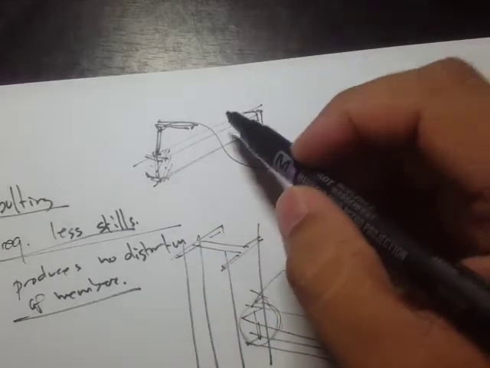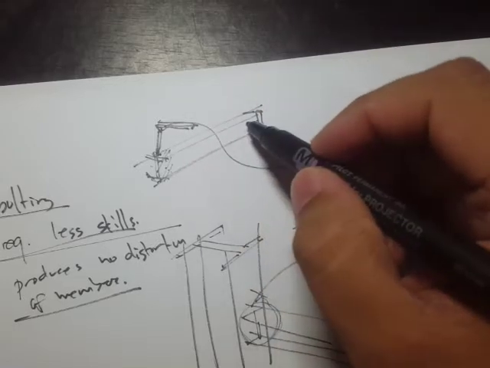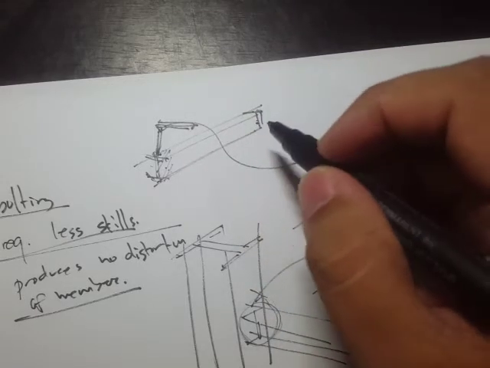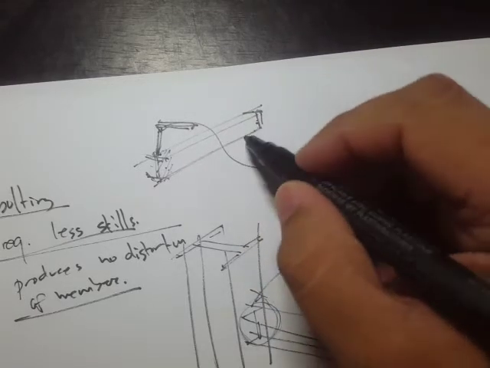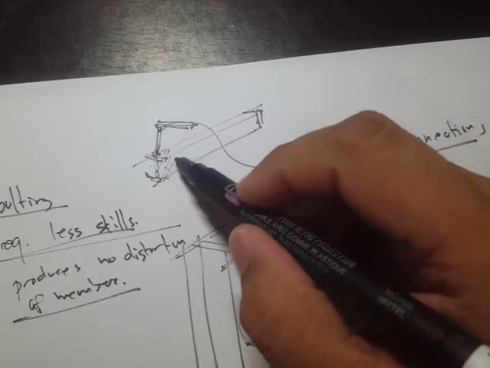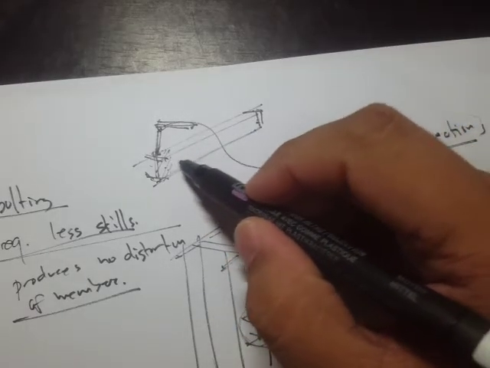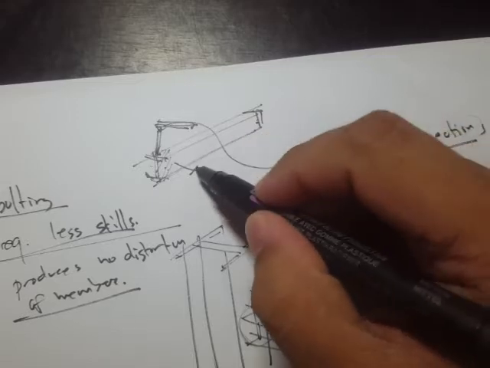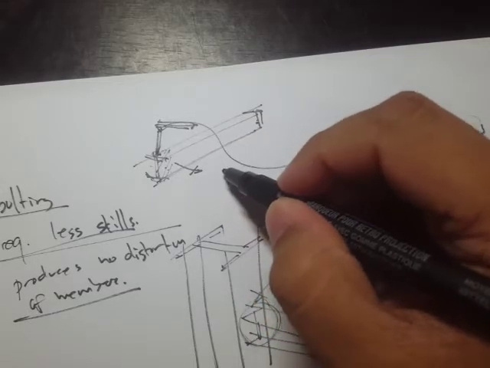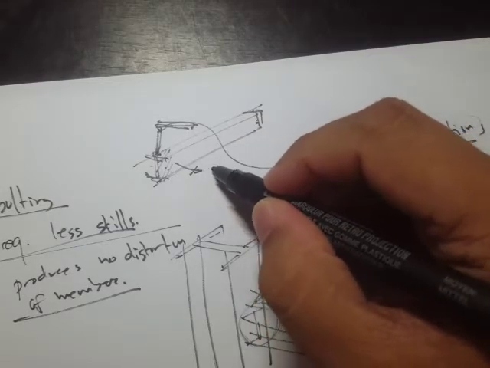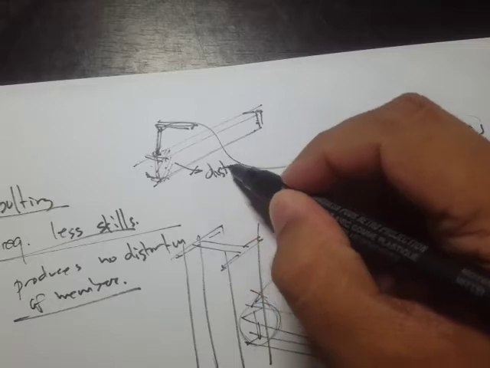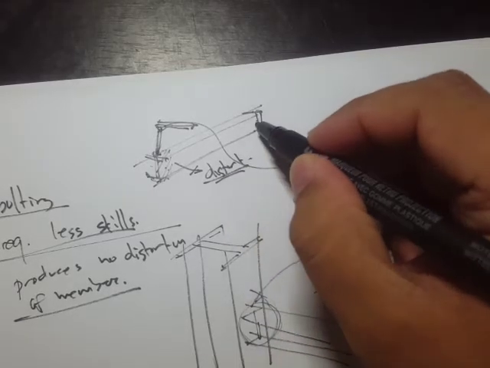If that's the case, it's going to produce a distortion, because when heating, probably this point is trying to expand or distort, while this one is not.